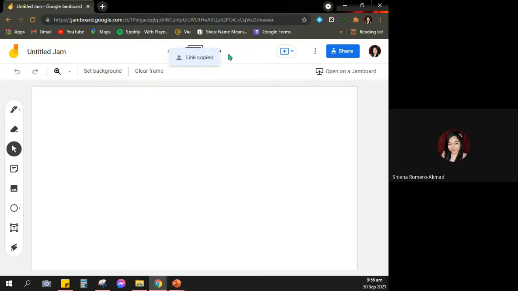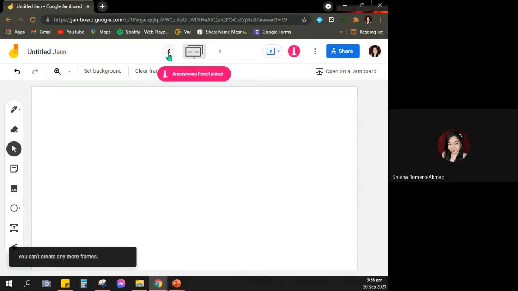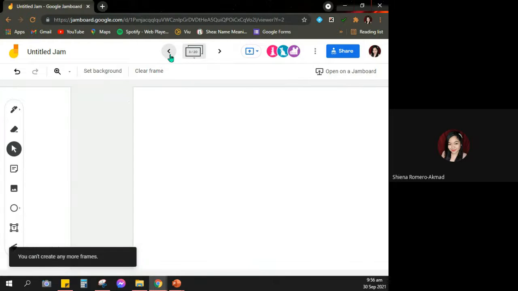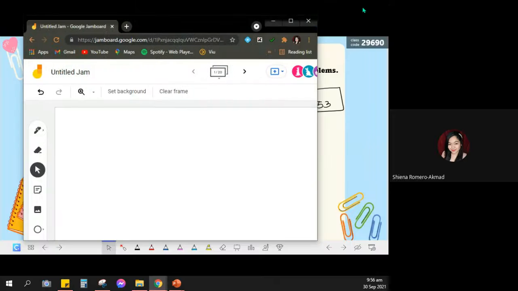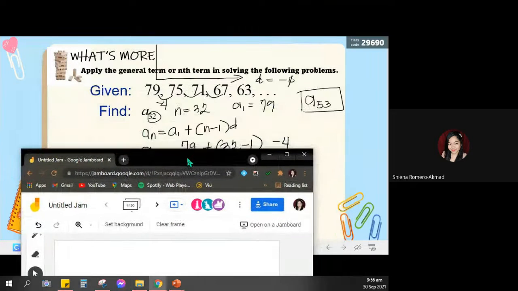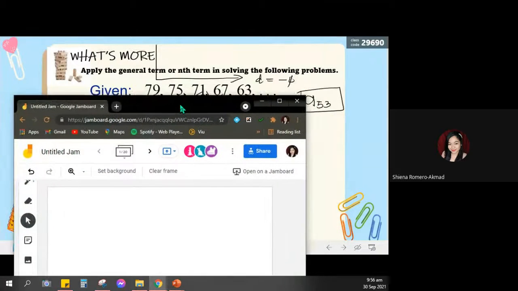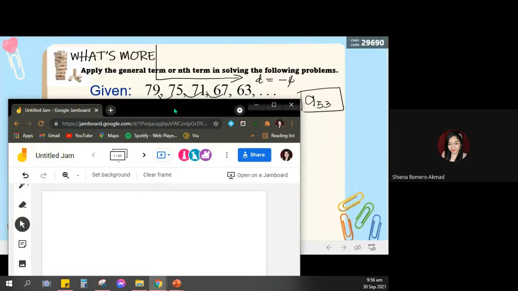So, hanggang 20 pages yan. Pwede kayong mag-solve anonymously. Ayan. So, pwede kayo dyan magsagot. Ito yung given, and you are going to look for A sub 53.